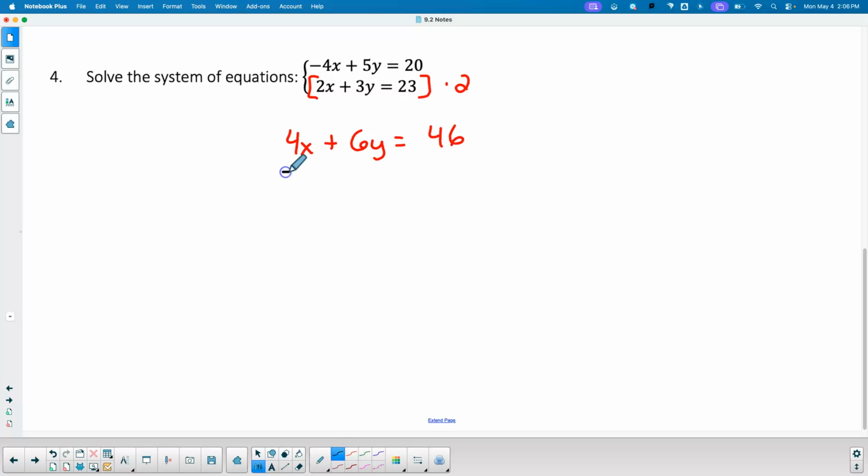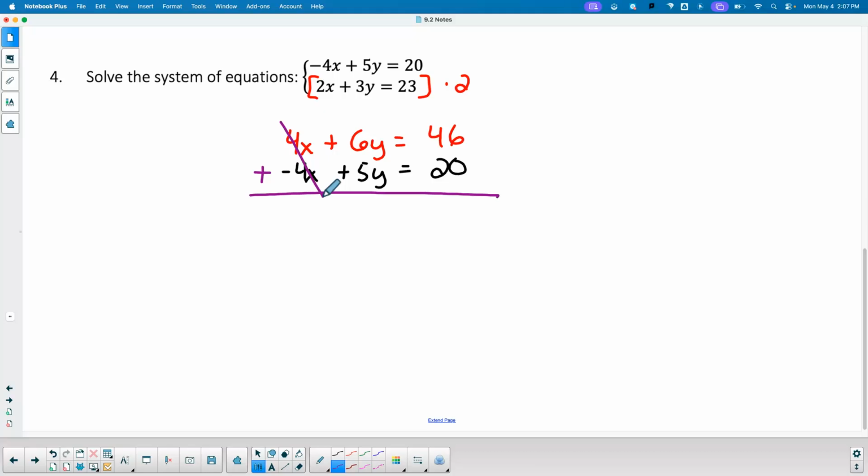Then I can rewrite the top equation. And now what can I do with both of those? Add them together. Okay? When I add them together, 4x plus negative 4x makes it go away. That's the elimination part of elimination.